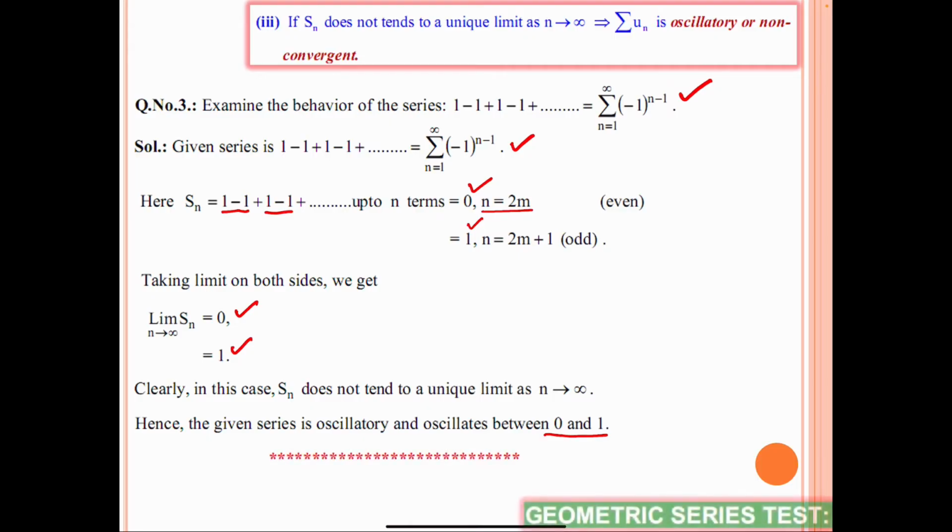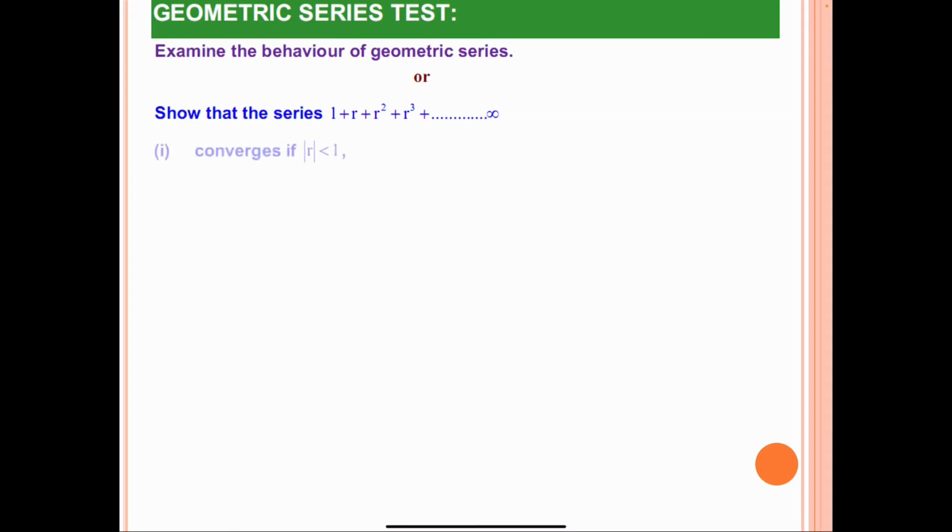Okay. Now let us discuss one very important test, and that one is the geometric series test. The statement of this geometric series test is: show that the series 1 plus r square plus r cube plus and so on up to infinity converges if magnitude r is less than 1.